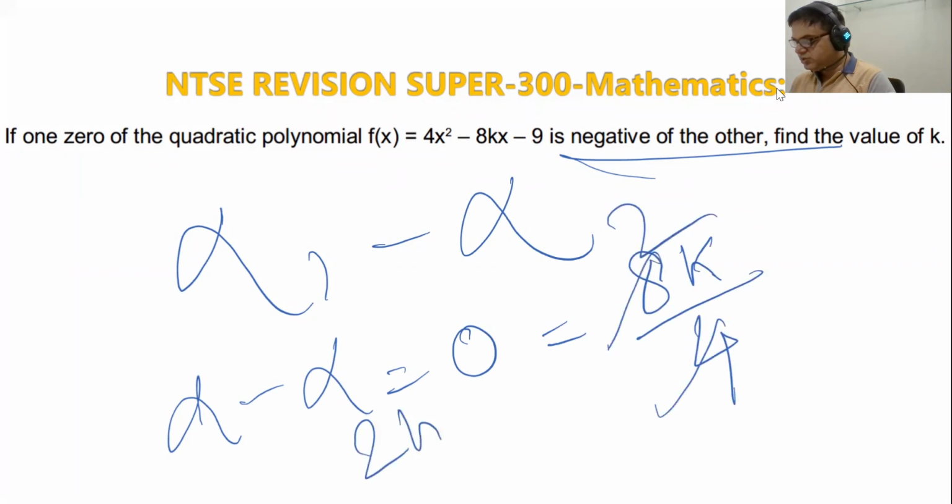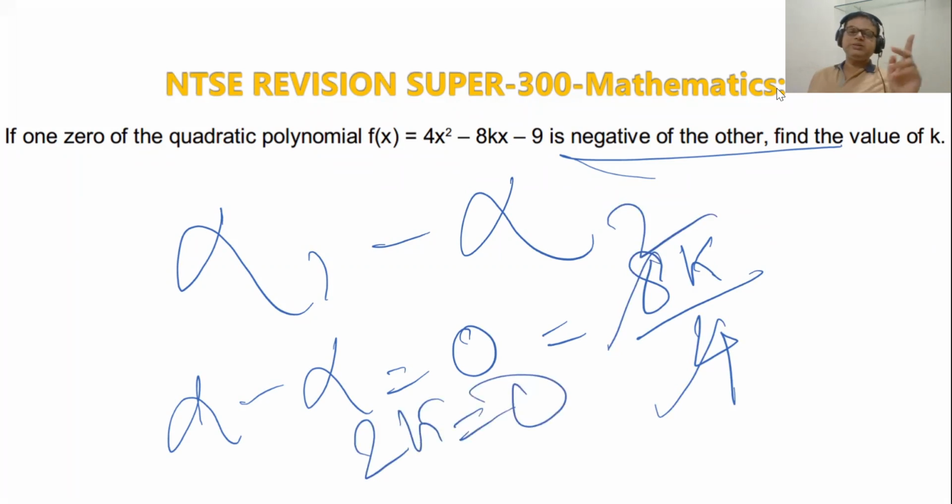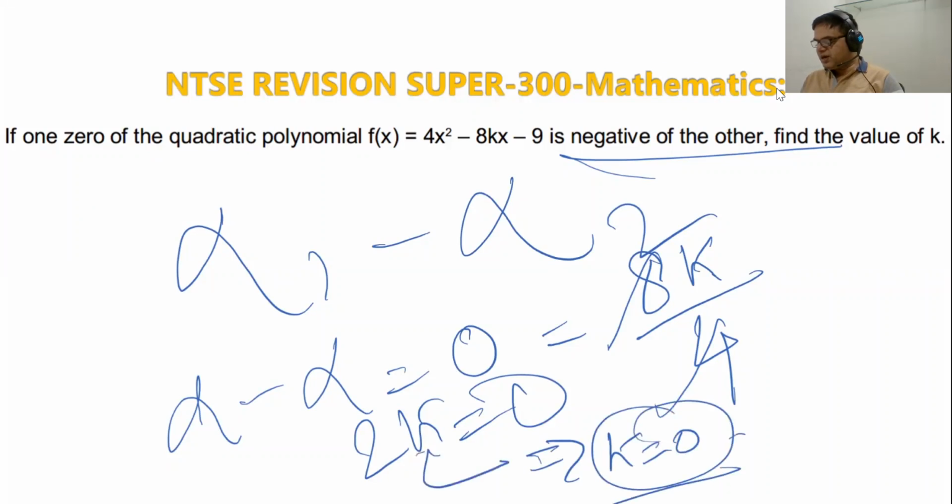Now 2k is equal to 0. दो नंबर का जब प्रोडक्ट करते हैं और अगर उनका प्रोडक्ट जीरो आ रहा है तो either one of the numbers should be equal to 0. Now my 2 cannot be equal to 0. That will give me k is equal to 0. इसके बाद which implies k is equal to 0 लिखोगे तो भी आपका काम चल जाएगा. Nobody is going to cut your marks.